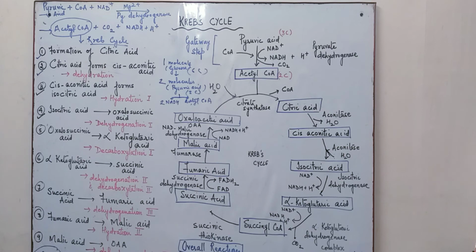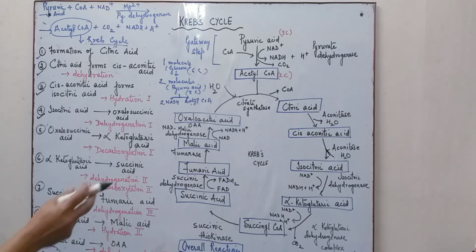The isocitric acid is formed due to hydration, but from it there is removal of two hydrogen ions, or protons, and in the presence of the enzyme, oxalosuccinic acid is formed.